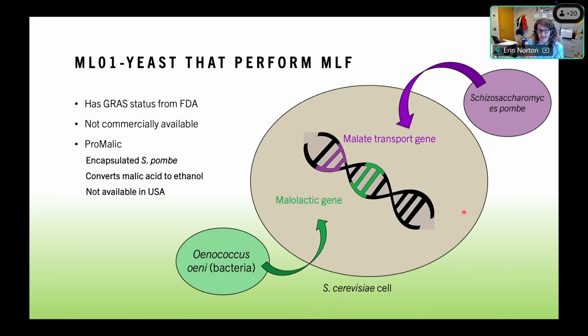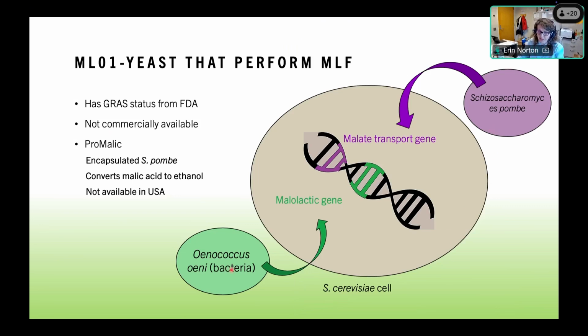But I cannot find ML01 available here in the US. And I think most of that has to do with it wasn't accepted very well by winemakers. People didn't want to use a GMO yeast. It would essentially be the first one out there that was used. So I can't find it, but I wanted to tell you a little bit about it because you might read about ML01 and want to ask me about it.